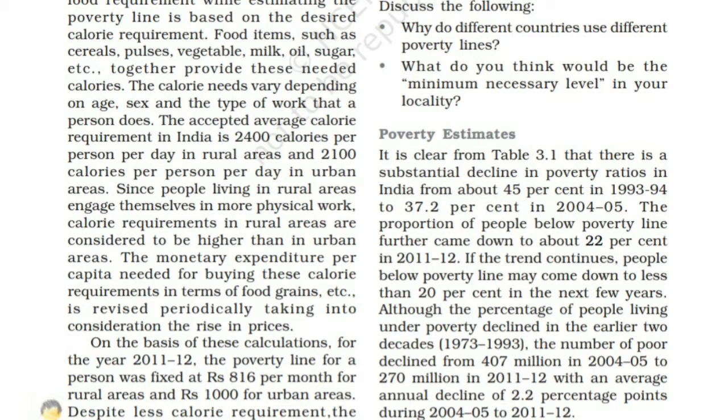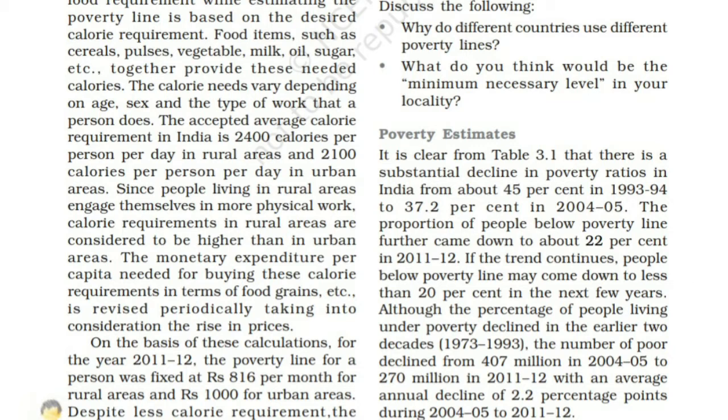You see the difference. When we discuss the caloric requirements, in a rural area a person needs more calories than in an urban area. But when we turn this calorie requirement into money, in a rural area a person needs 816 rupees per month and 1000 rupees in an urban area.